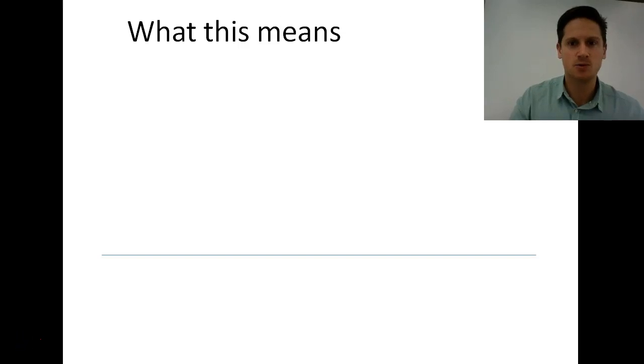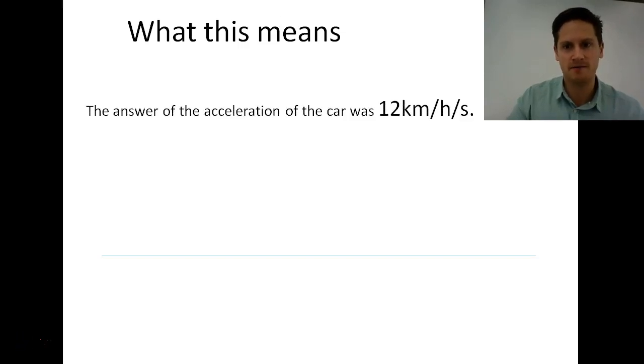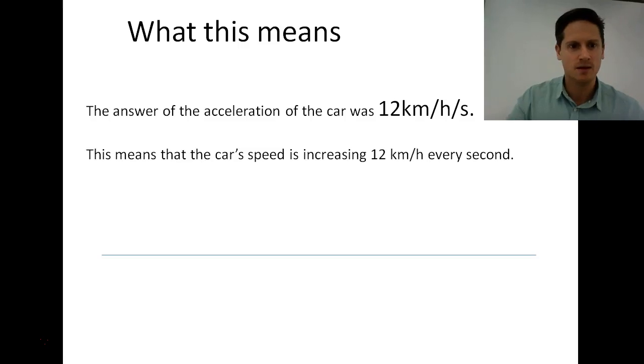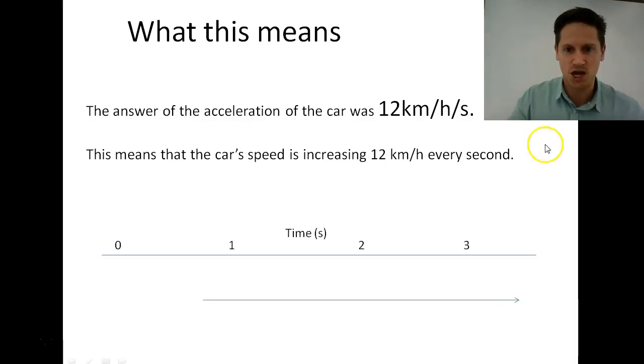So we have an answer of 12 kilometers per hour per second from the previous question. Now, at the moment, this is probably just numbers and a weird unit. So what does it actually mean? This means that the car's speed is increasing 12 kilometers per hour every second. So every second, the speed's increasing by 12 kilometers per hour. So we have a simple chart here.